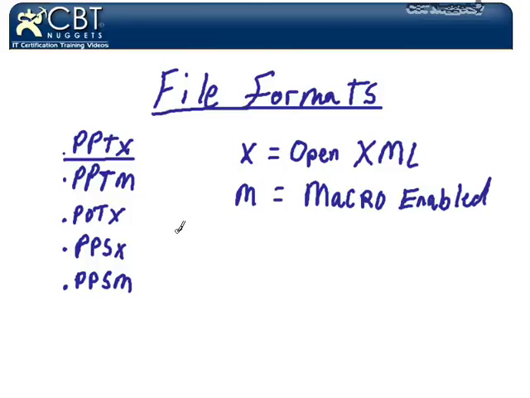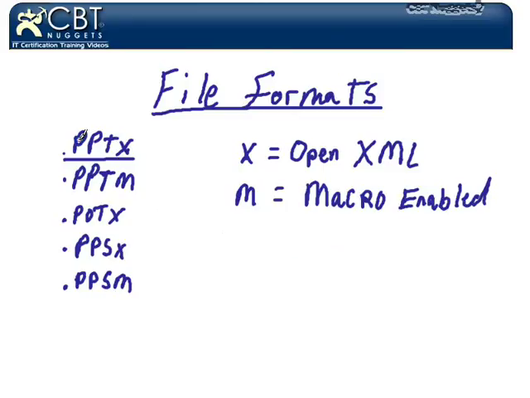Now, what this also means, though, is that XML actually does not have any macros enabled. If you want to run a PPT that has macros enabled, you need to save it in a PPTM format. So I've kind of just shown you. X means you're using OpenXML. M at the end, right over here, means that it's macro enabled.